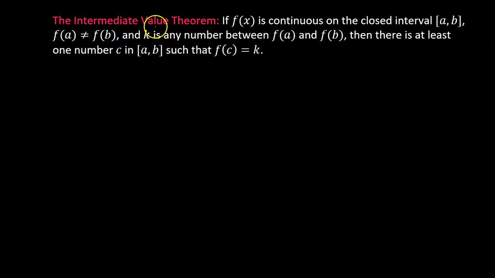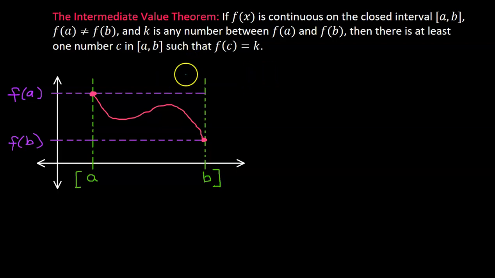So, the intermediate value theorem: if f of x is continuous on the closed interval from a to b, and if f of a does not equal f of b, and if k is any number between f of a and f of b, then there is at least one number c in the interval from a to b such that f at c equals k. Wow, okay, what in the world did I just say?